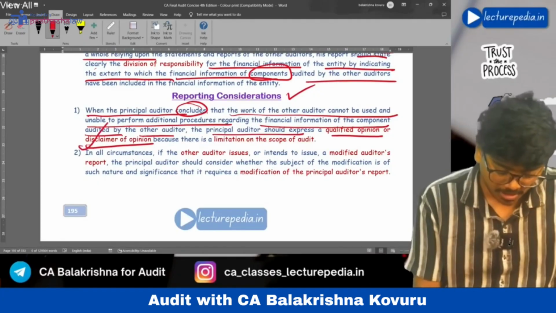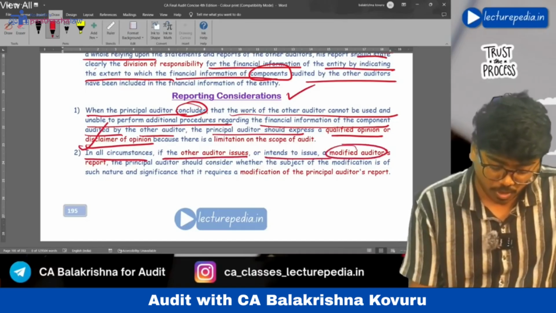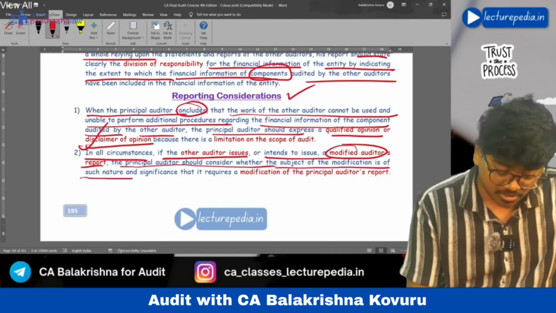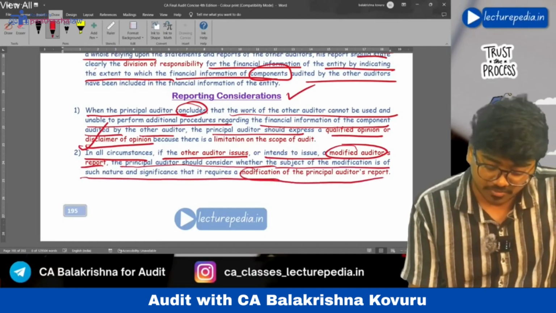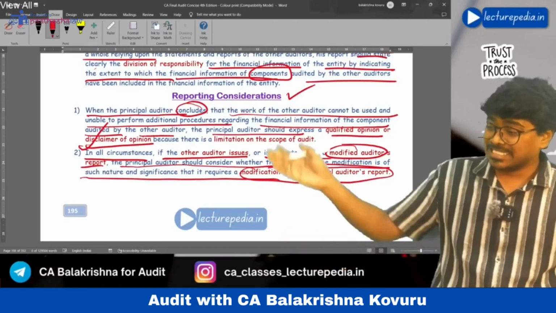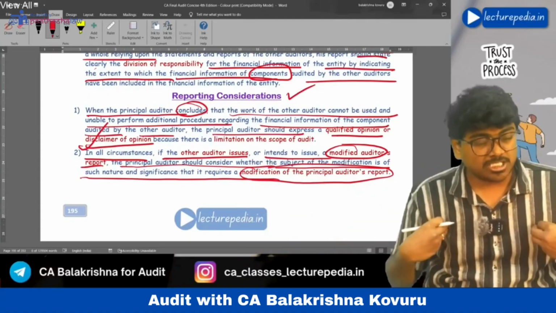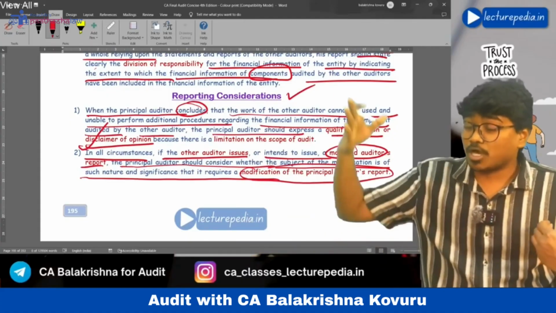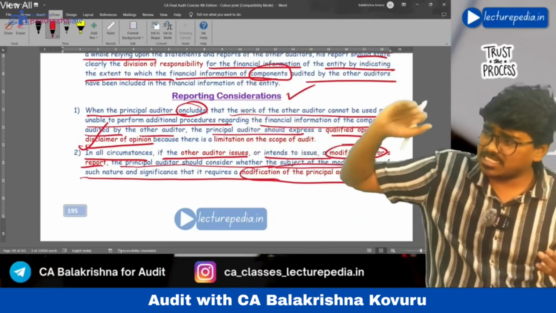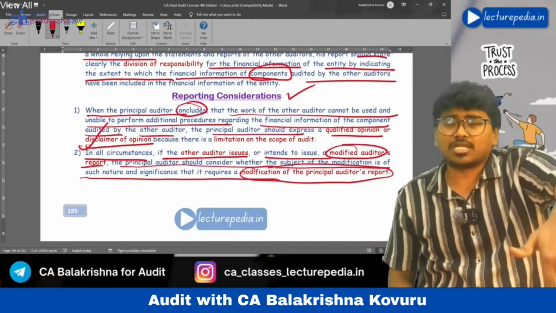disclaimer of opinion. Now, in all circumstances, if the other auditor issues or intends to issue a modified audit report, the principal auditor should consider whether the subject of modification is of such nature and significance that it requires modification in the principal auditor's report also. If the component auditor in his audit report on the component has given a modified opinion, then the principal auditor should consider whether the modification is of such significance and importance that the principal auditor should also modify his opinion on the CFS.